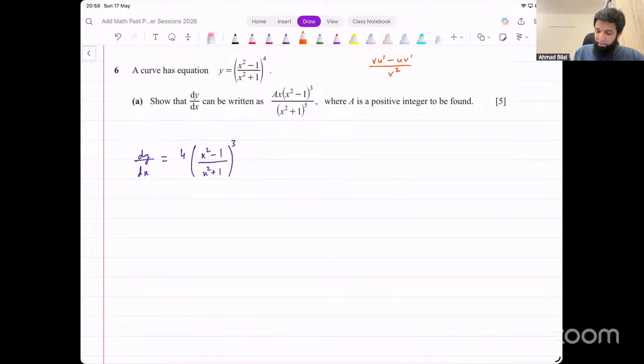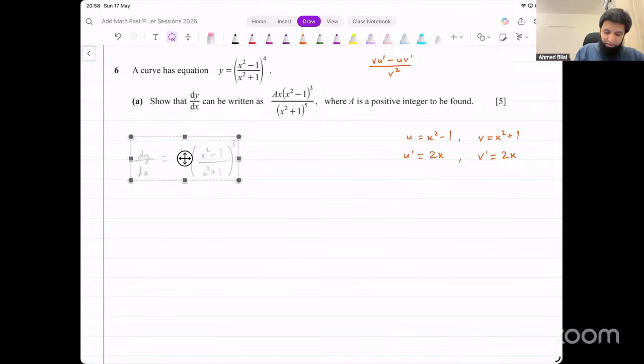Now in this case, u is x squared minus 1, and v is x squared plus 1. What is u dash going to be? Since we have to input that here, it's often a good idea to evaluate them on the side to reduce careless errors. u dash is 2x, v dash is also 2x in this case.